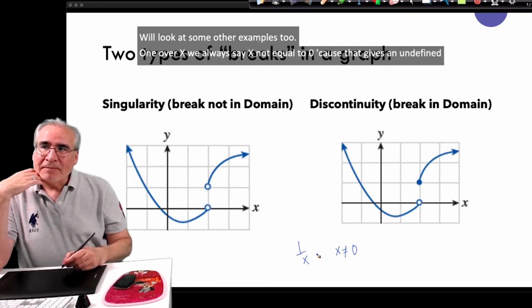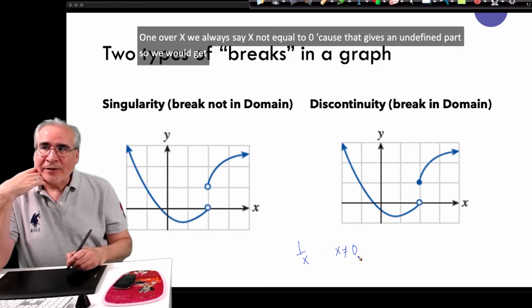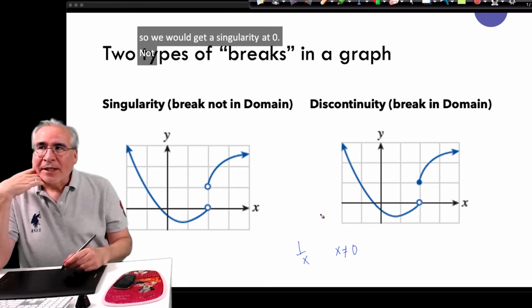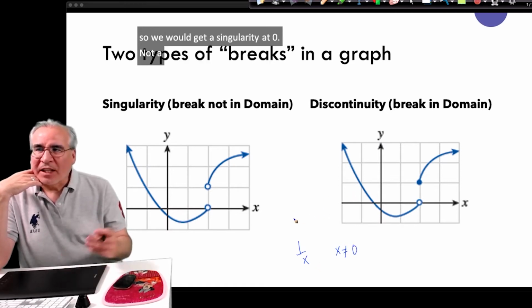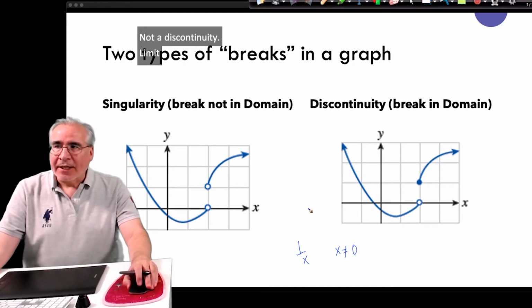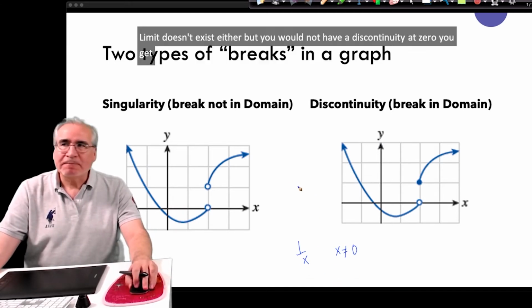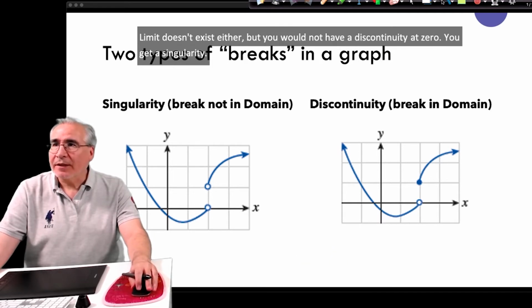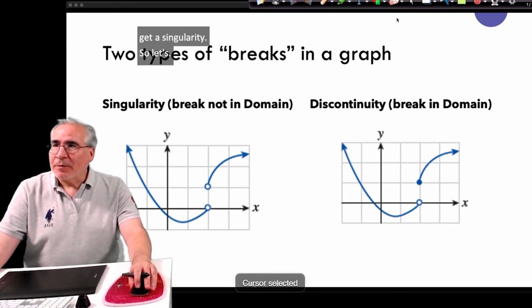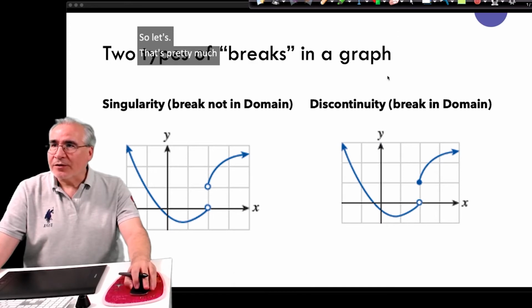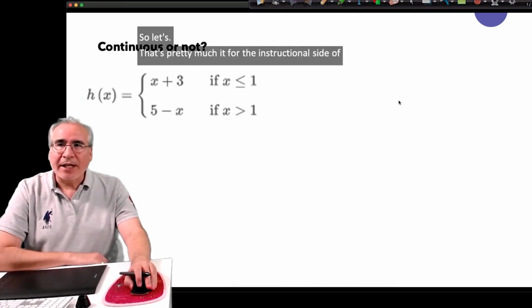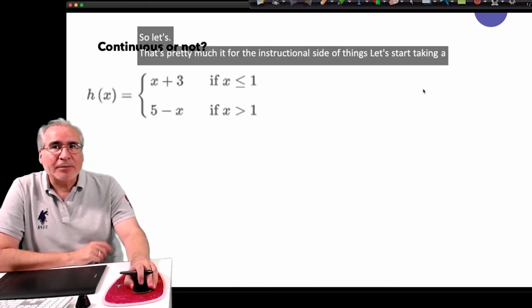So we would get a singularity at 0, not a discontinuity. Limit doesn't exist either, but you would not have a discontinuity at 0. You get a singularity. Okay, so that's pretty much it for the instructional side of things. Let's start taking a look at a few examples.